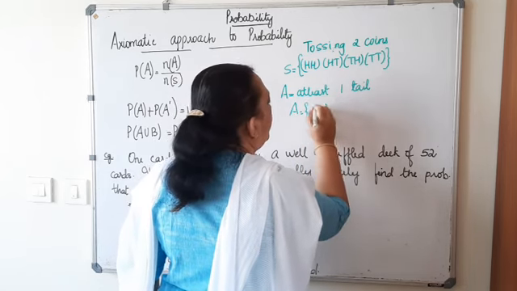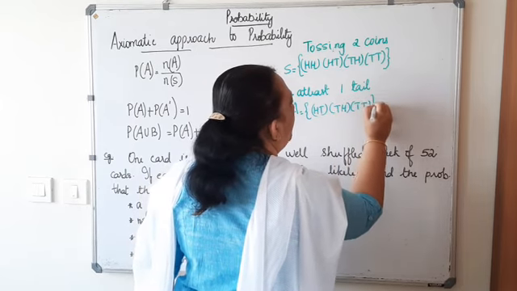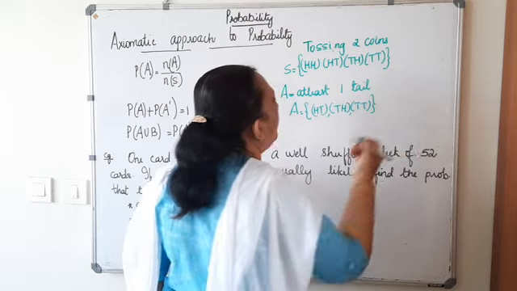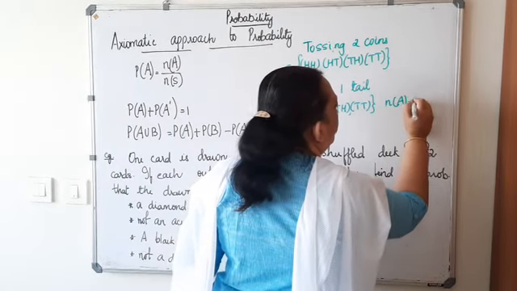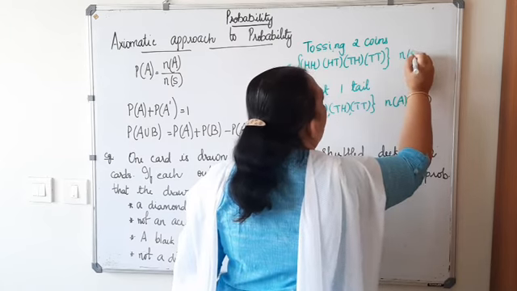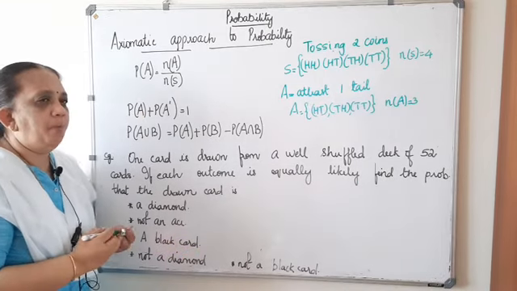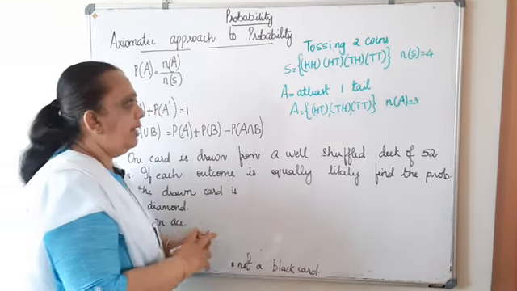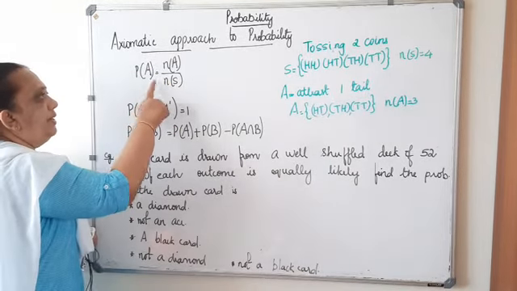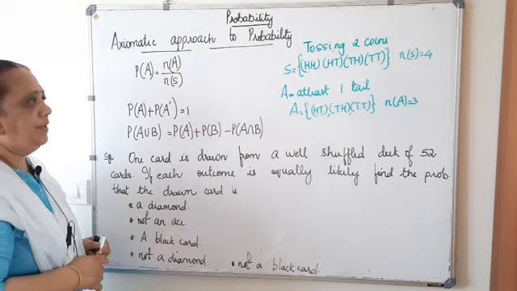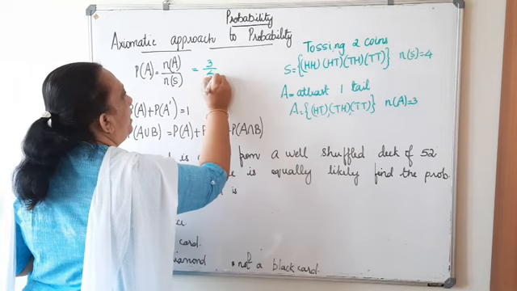That is an event. A consists of at least one tail, meaning minimum one tail. That is HT, TH and TT. Maximum it can be two tails. So n of A is equal to 3 and n of S is equal to 4. Now when you define the probability of the event A, that at least one tail occurs, P of A is equal to n of A by n of S, and in this case this will be equal to 3 by 4.